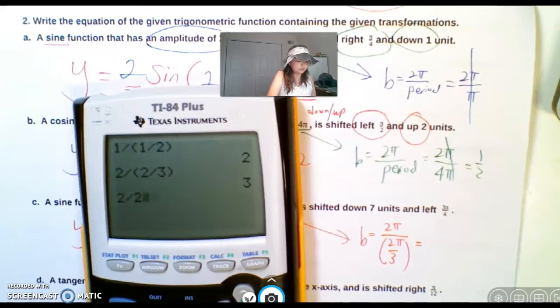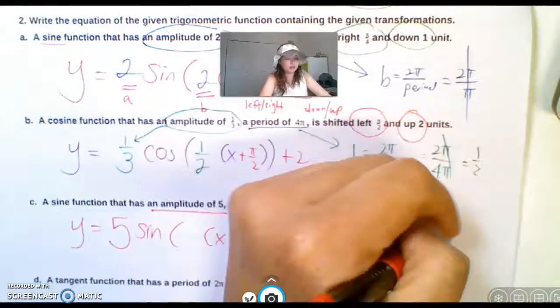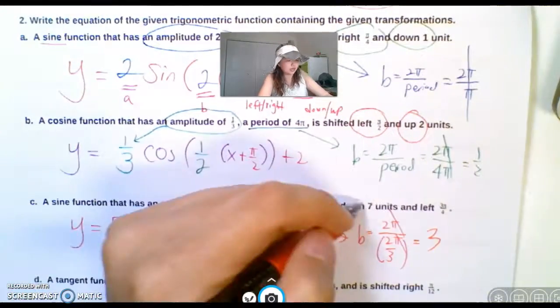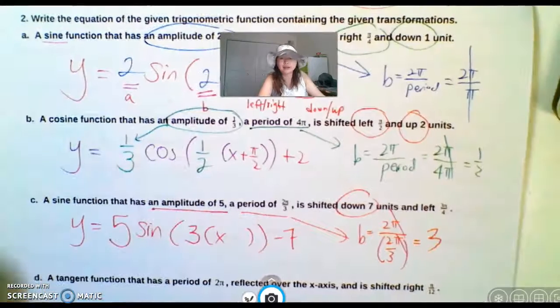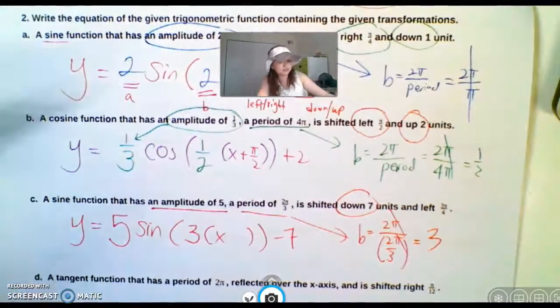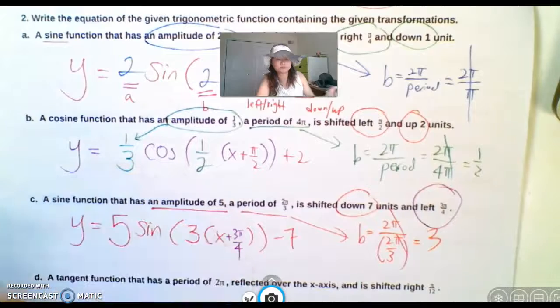Not what not to do. Not without the parentheses. So it should be 3. The pi's cancel out. So 3 out here. Down 7. I know. At first I was like, wait a minute. Down 7, where does it go? Outside, of course. And then left 3 pi over 4, plus 3 pi over 4.